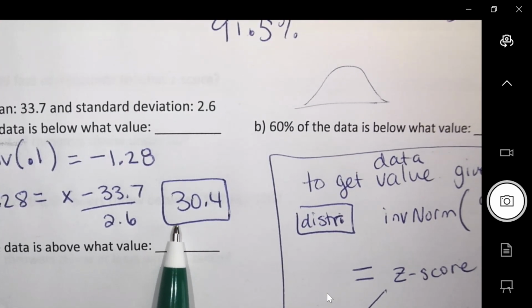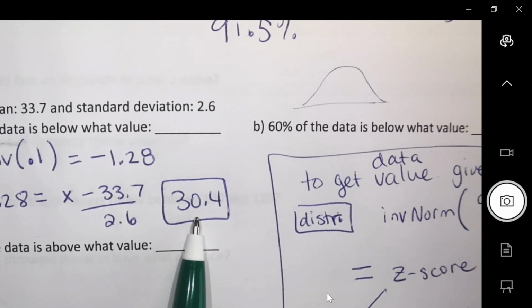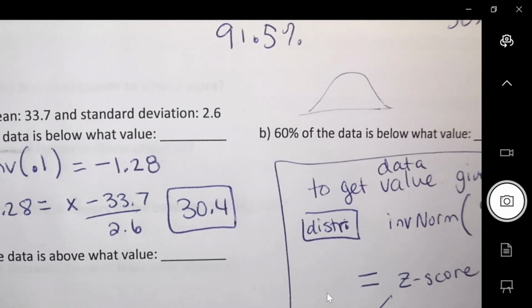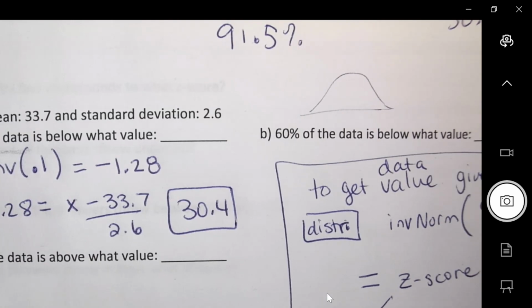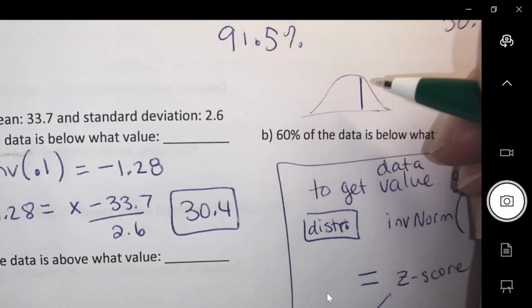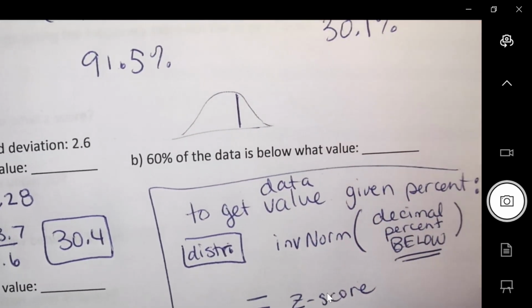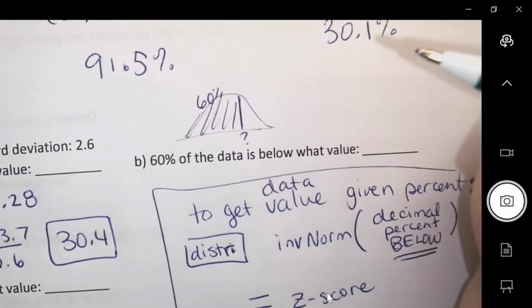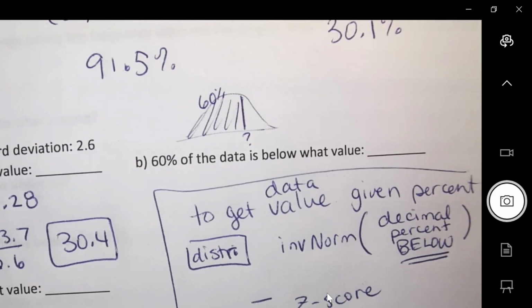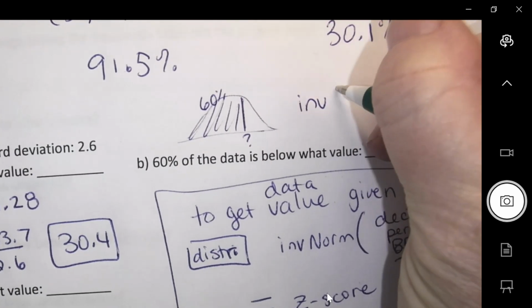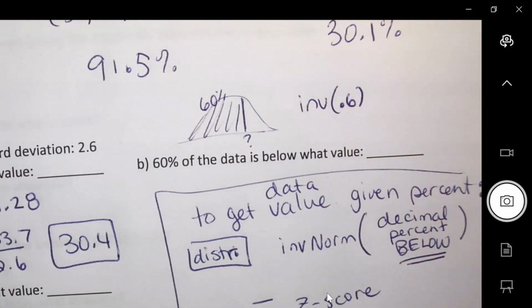Did you know that whatever I'm getting as my score better be below the average? Right? Are you connecting that idea? Because if only 10% of the people are below you, you're below the average, right? Okay, this time 60% of people are below you. So that means you're above the average, right? Okay, so I'm going to inverse norm 0.6.